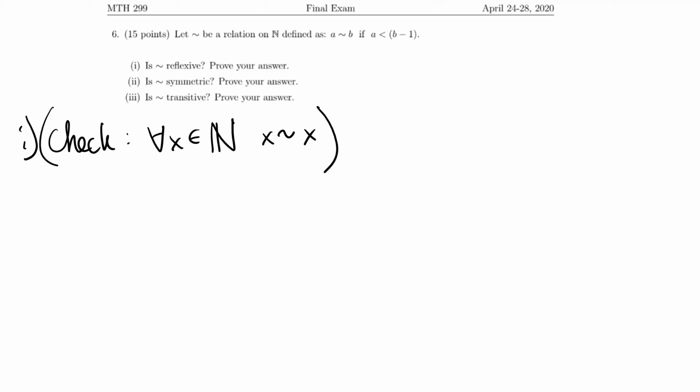So let's check it. x is strictly bigger than x minus 1, so x does not twiddle itself. So no, not reflexive.